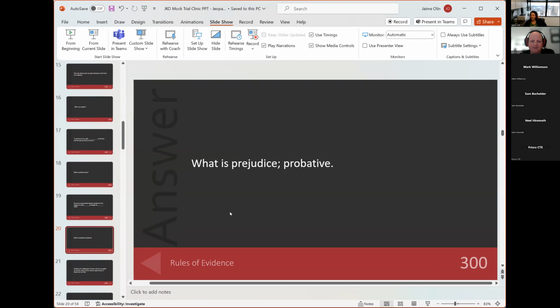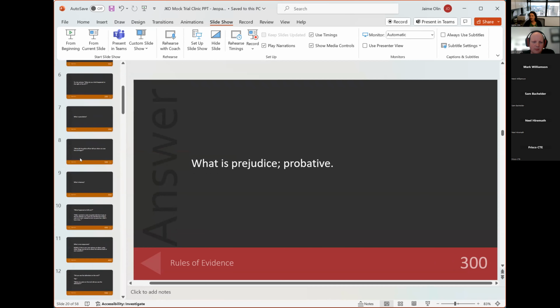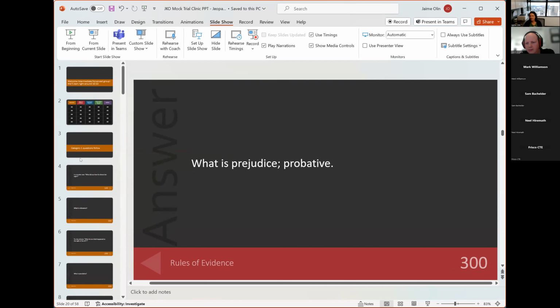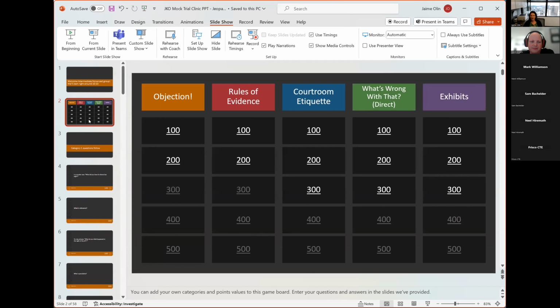Yes, absolutely. Prejudice and probative. And for bonus points, and anyone can jump in to answer that, what rule of evidence are we talking about here? Do we have to put a letter or can we just answer it? You can just answer it. That would be rule 403. Okay, very good.